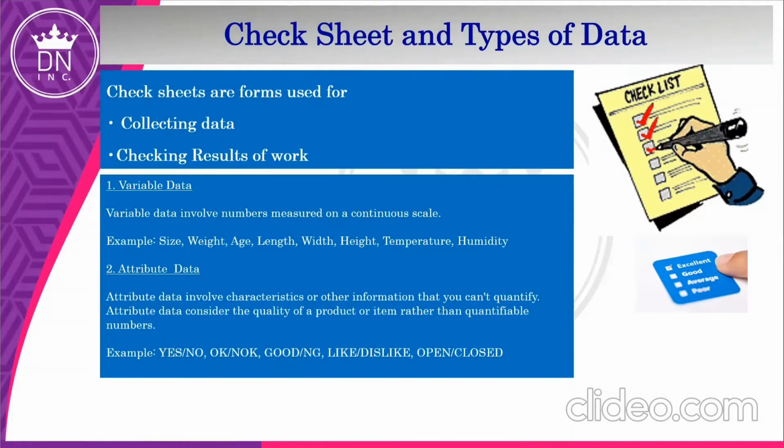Variable data involves numbers, which are measurable values like weight, age, length, height, temperature, humidity, etc. Attribute data involves characteristics like yes or no, okay or not okay, good or bad.